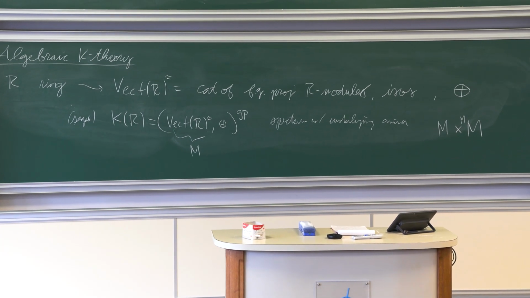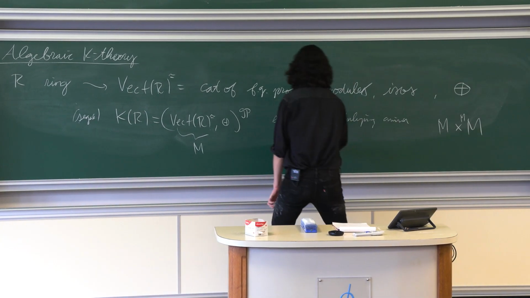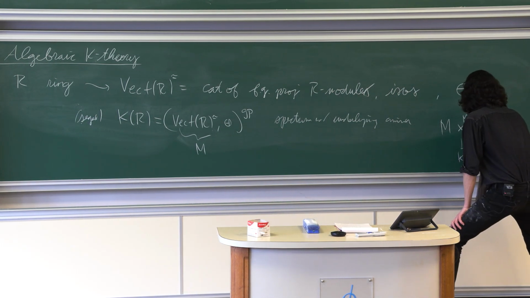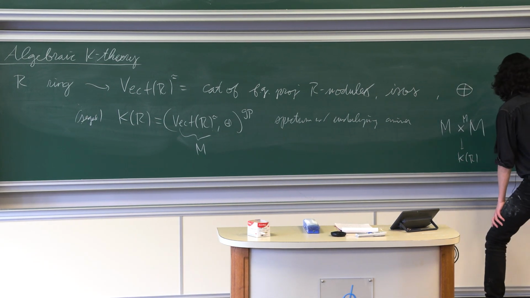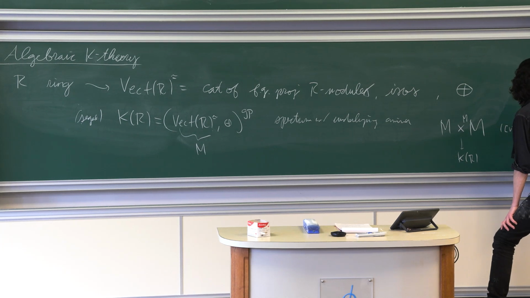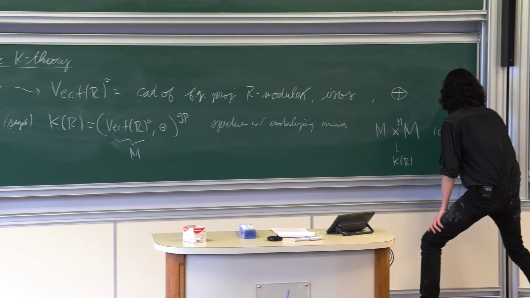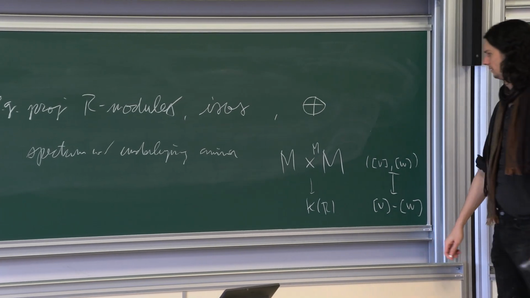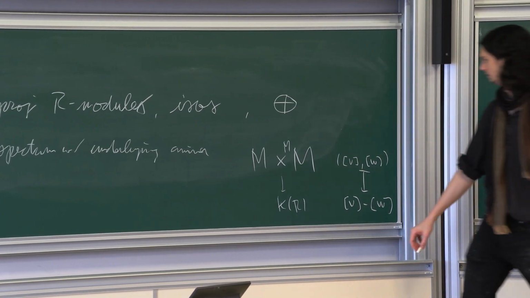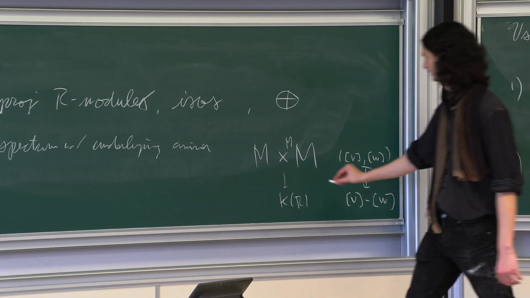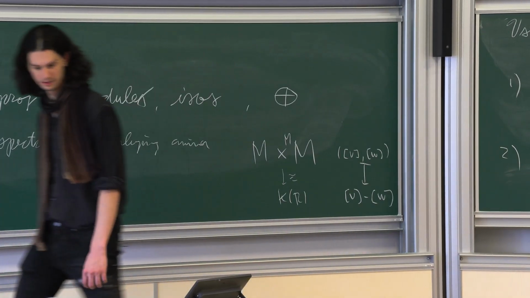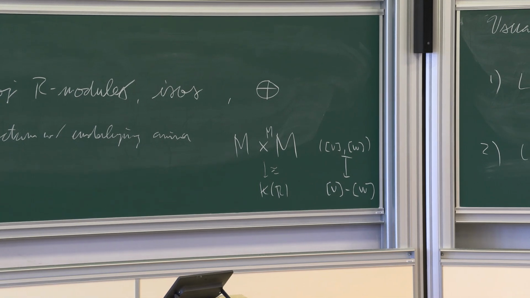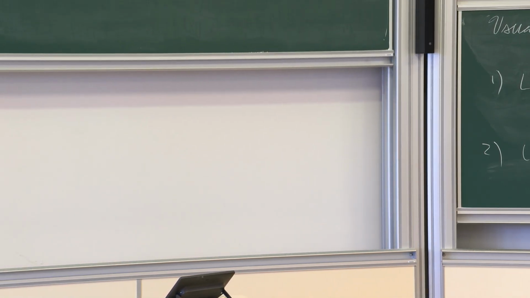So implicitly, this mapping to K-theory of R is sending the class of some V and W to the virtual vector space, so to speak, V minus W. That's one way of realizing this.